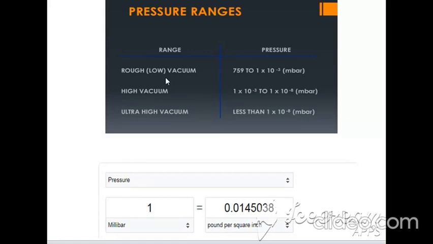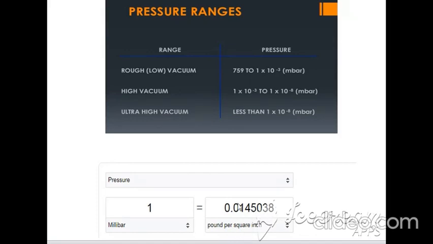Just below atmospheric pressure we attain low vacuum, after that we attain high vacuum, and after that we attain ultra high vacuum. You can see the different ranges of all these levels indicated here, and the unit used is millibar, and 1 millibar is equal to 0.014538 pound per square inch.